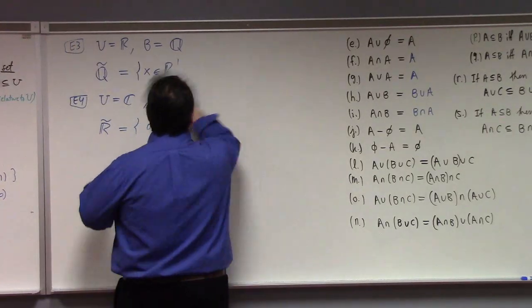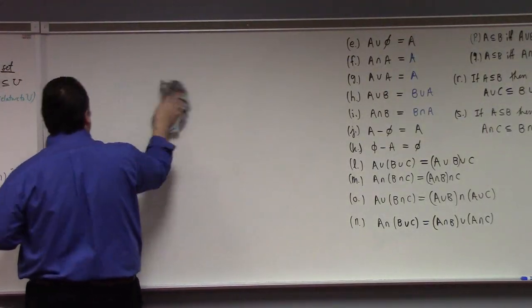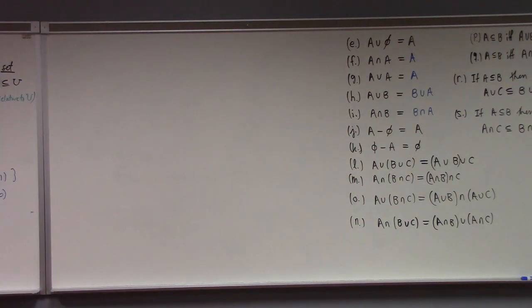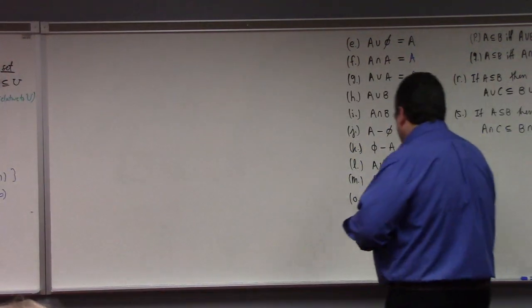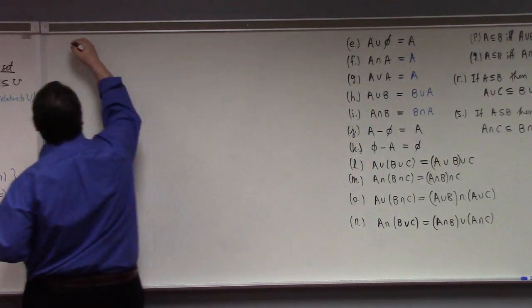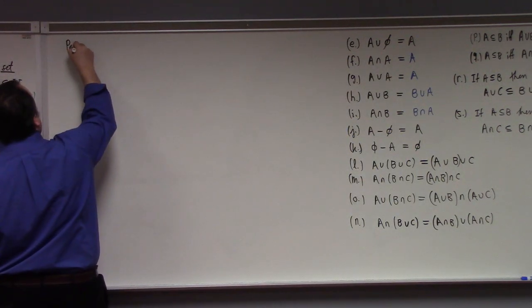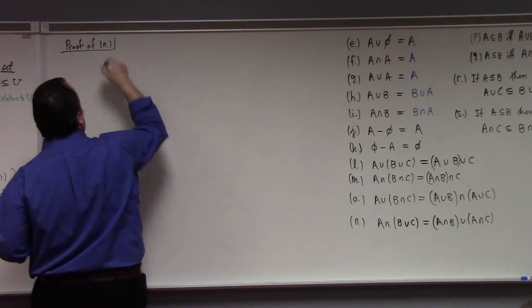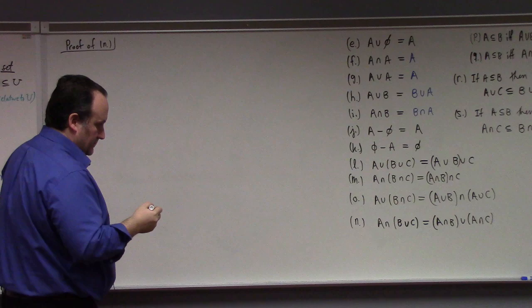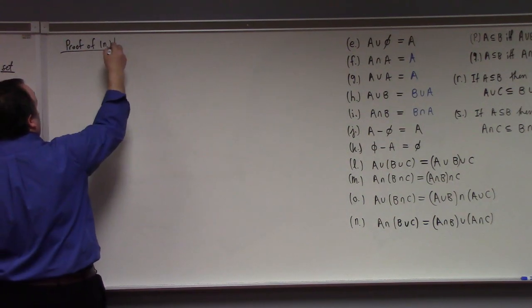All right, so what are we trying to prove in part n? We're trying to prove a set equality, right? So let's look at the proof of n. Here's how I'm going to do it.